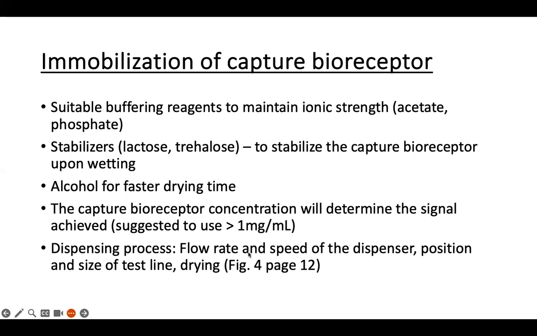Dispensing process flow rate again, this one is based on if you are using a machine. So tomorrow you will learn how to prepare manually, and we will also expose you to the dispenser machine.